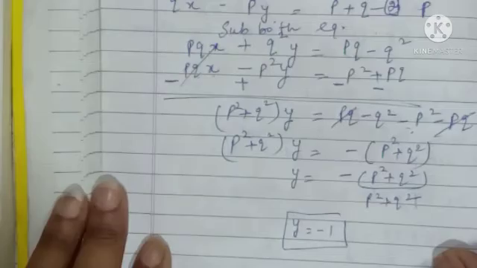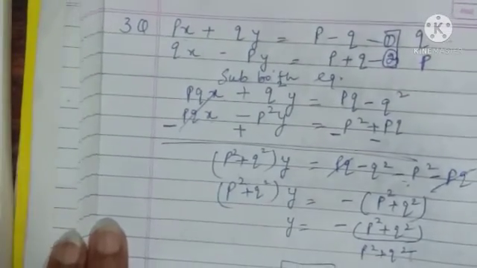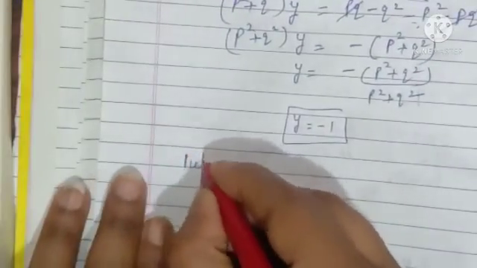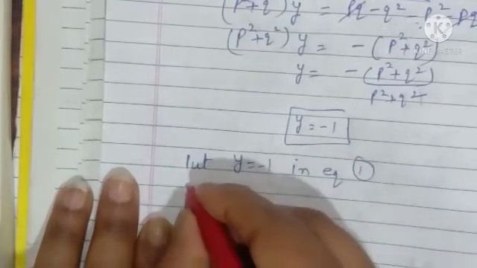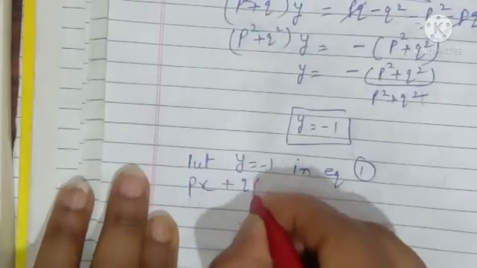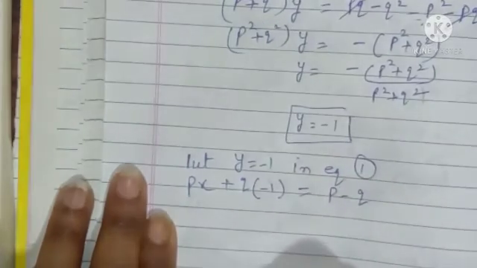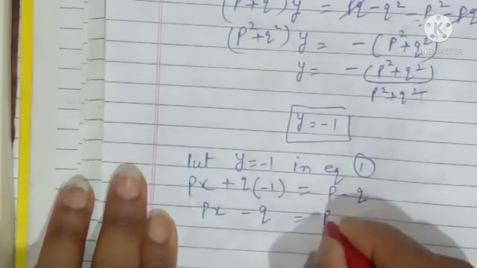You can put this value of y is equal to minus 1 in any of the equations, either in 1 or 2. So let us put this value in equation number 1. Put y is equal to minus 1 in equation number 1. So p into x plus q into y, that is minus 1, is equal to p minus q. Let us simplify. Px minus q is equal to p minus q.